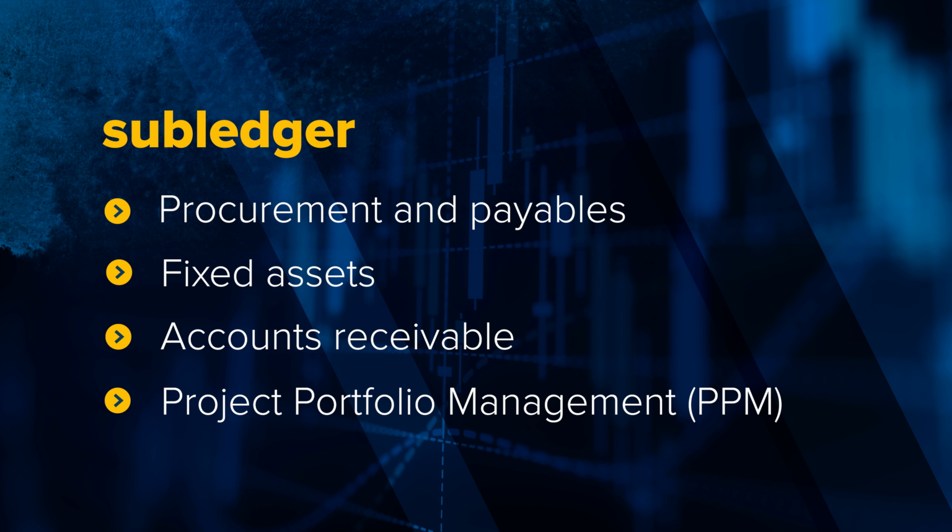To illustrate subledger functionality, let's use the example of the PPM module that we introduced in the Chart of Accounts segment overview video. The PPM subledger module will be used to track more complex projects, often supported by a contract which requires more granular budget and third-party invoicing functionality.